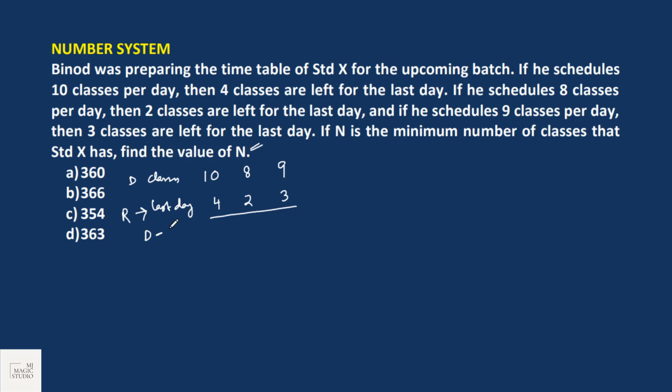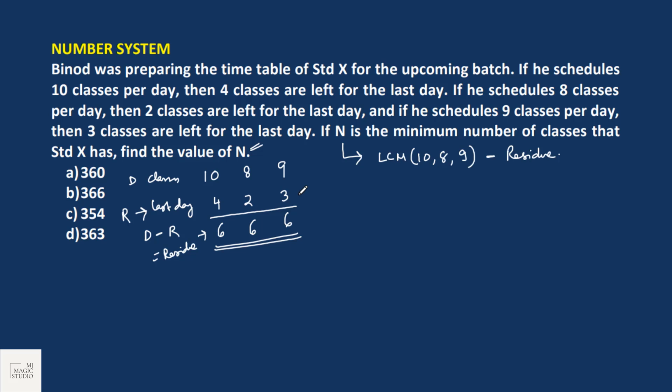But if you do d minus r, divisor minus remainder, in the first case it is 10 minus 4, 6; 8 minus 2, 6; 9 minus 3, 6. Here divisors are different, remainders are different, but divisor minus remainder, let us call it residue, is the same. And whenever the residue is the same, the minimum number is nothing but the LCM of the divisors minus the common residue.